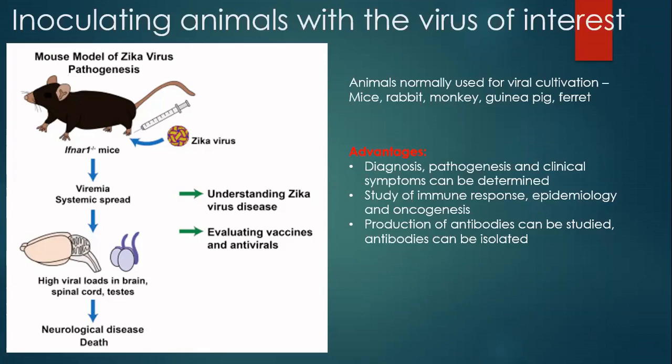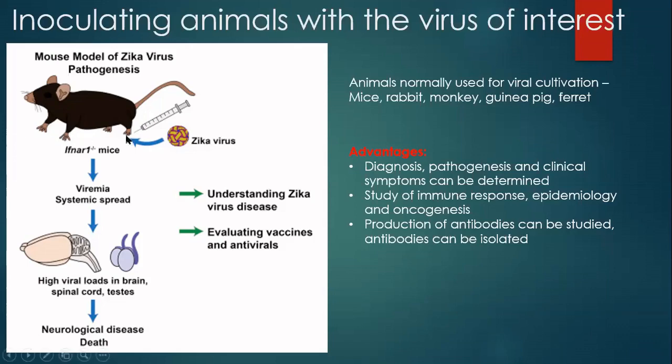And there was an outbreak of Zika in Latin American countries like Brazil in 2015. And this was very much in the news because women infected with Zika during pregnancy gave birth to children with microcephaly, that is the head which was very small in size, and other congenital malformations.